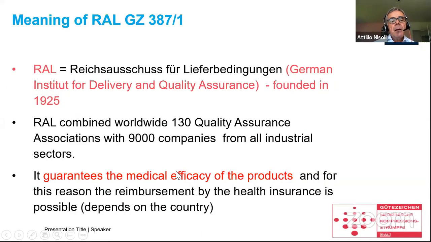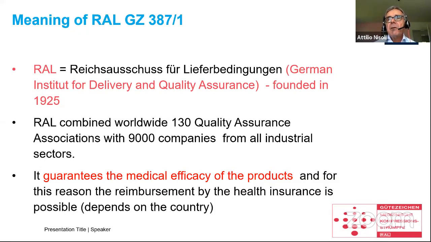And looking into the meaning of RAL, it's the German Institute for Delivery and Quality Assurance, and it goes back to the year 1925. There are at the moment approximately 9,000 companies from all industrial sectors. So RAL is not just meant for medical compression stockings, not at all.